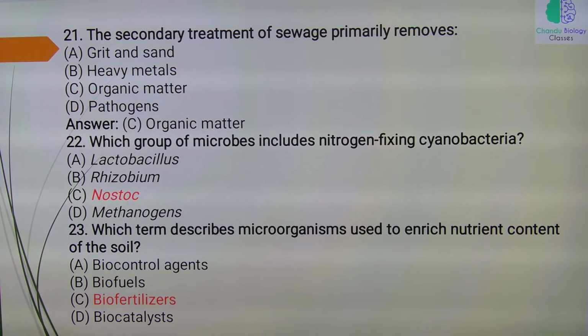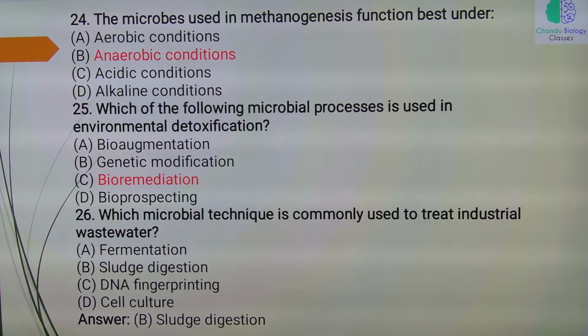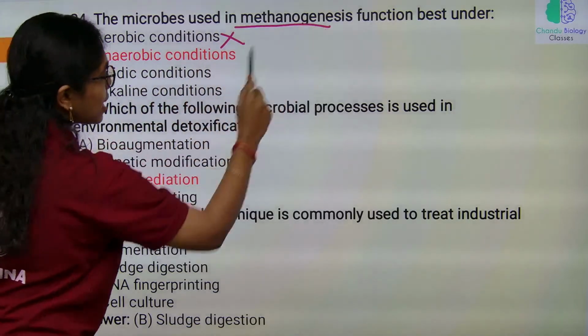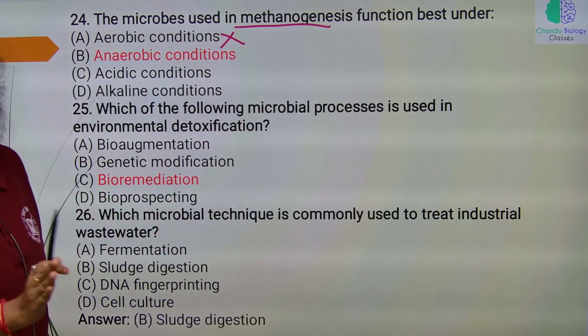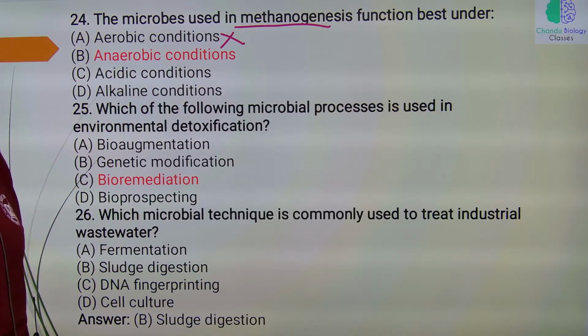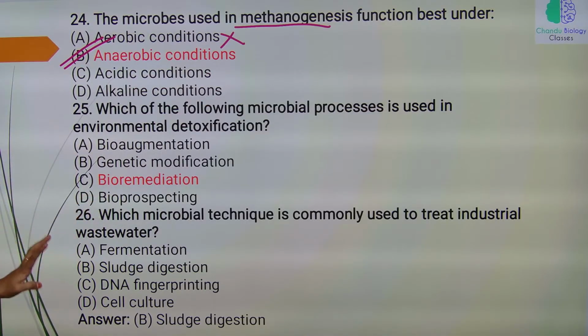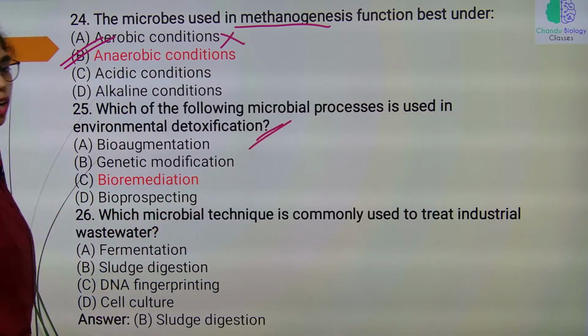Next, the microbes used in methanogenesis function best under aerobic conditions? No. Methanogens are one type of archaebacteria where they rely on the anaerobic conditions only. They are obligate anaerobes. So, here the option will be B. Which of the following microbial processes is used in environmental detoxification?